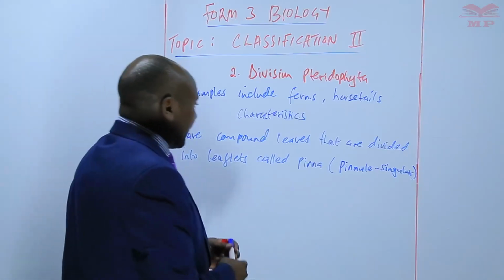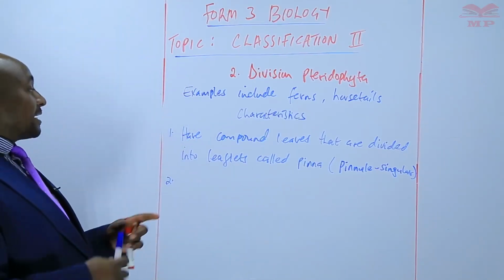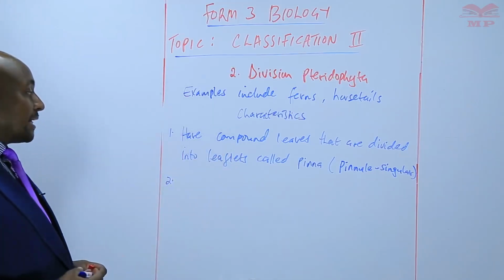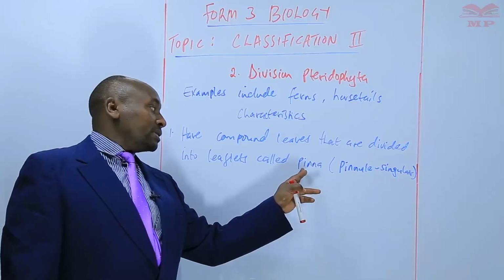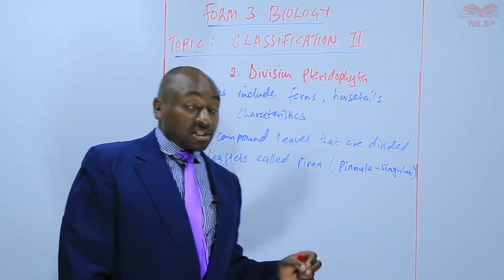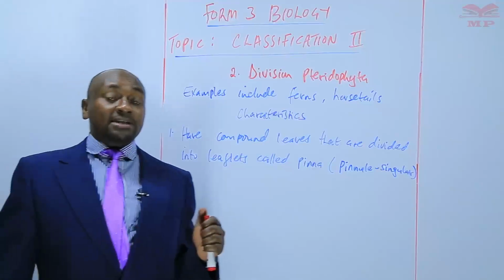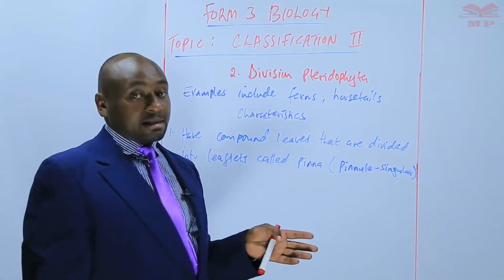Now, the second characteristic is an extension of the first one, is that on the underside of the pinna, which are the leaflets, are the spore-bearing structures that we refer to as the sporangia.